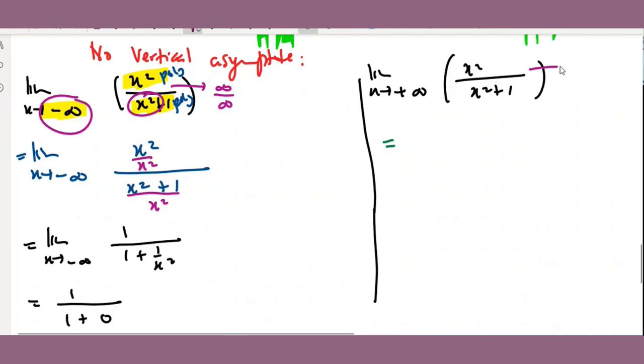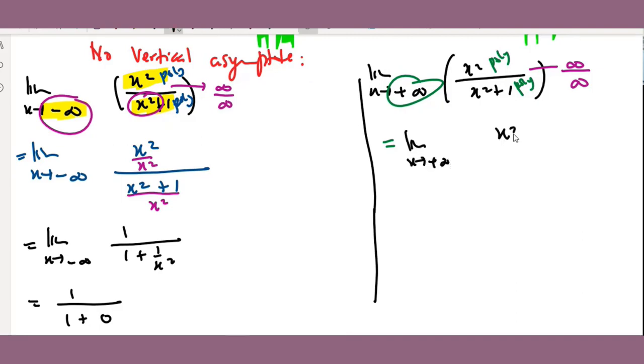First, direct substitute: infinity over infinity, indeterminate form. Then say, this is polynomial over polynomial and x tends to infinity. So divide with the highest power of the denominator, which is x squared.